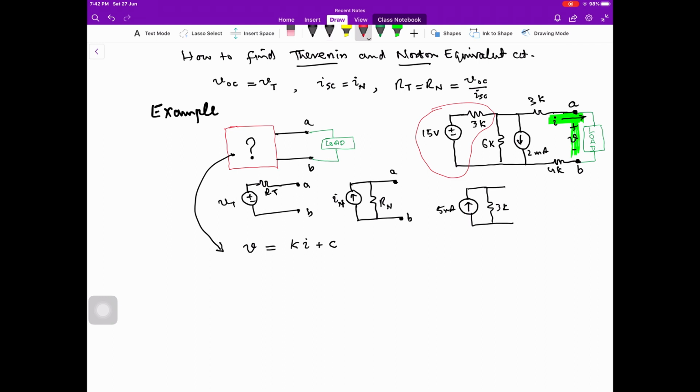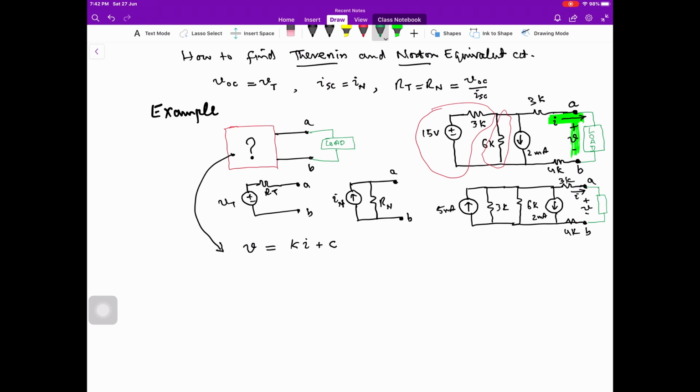Now I will reproduce the circuit: this is 6K, and the current source of 2 milliampere over here, and a resistance of 4K, and over here a resistance of 3K, a pair of terminals A and B, and the current flowing through the load is I, and the voltage which appears across the load is V.